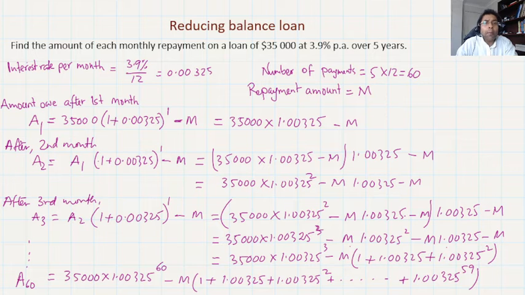Now, the number of payments: if you pay once a month, you make 12 payments in 1 year, and over 5 years you make 60 payments. Now our intention is to find the repayment amount each month. So I'm going to write M as the monthly payment, the amount we need to figure out.